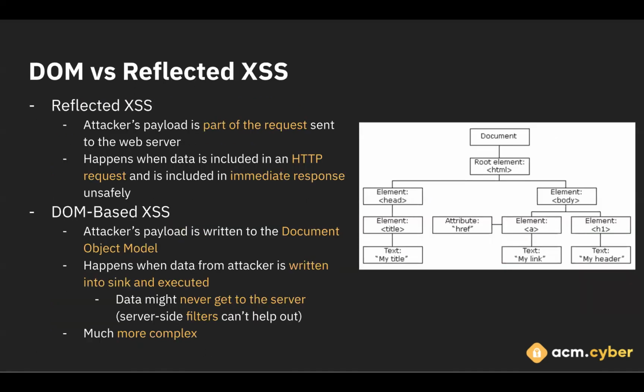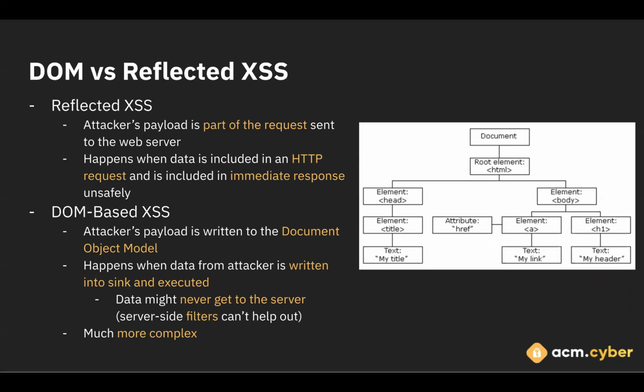So you might say DOM sounds a lot like reflected XSS. It's in a URL. How are those things actually different? In reflected XSS, the attacker's payload is part of the request sent to the server. It's part of an embedded script, and the attack itself happens when data is included in the immediate HTTP response unsafely. Whereas in DOM-based XSS, the attacker's payload is written to the Document Object Model.